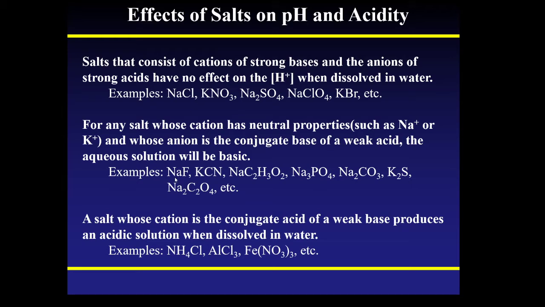A group 1 metal or a large group 2 metal, but usually it's a group 1 like they're saying here, sodium or potassium or lithium, that has neutral properties, with an anion that would make a weak acid, basic. Anion, weak acid, basic. Cation that would make a weak base would make my solution acidic.